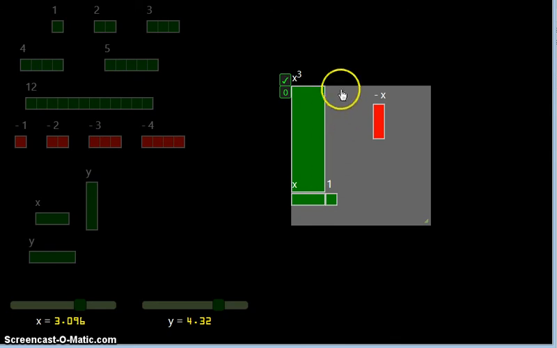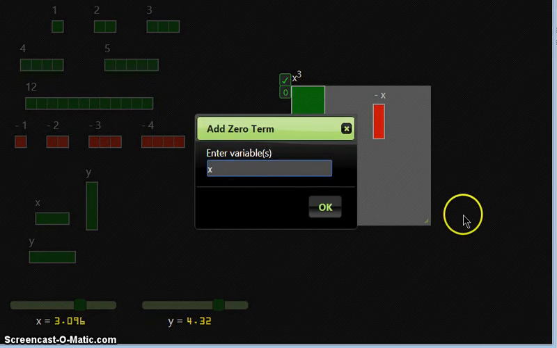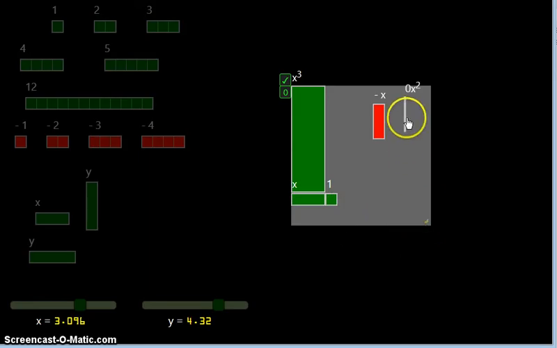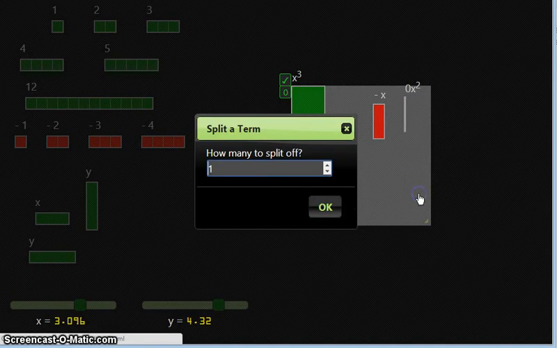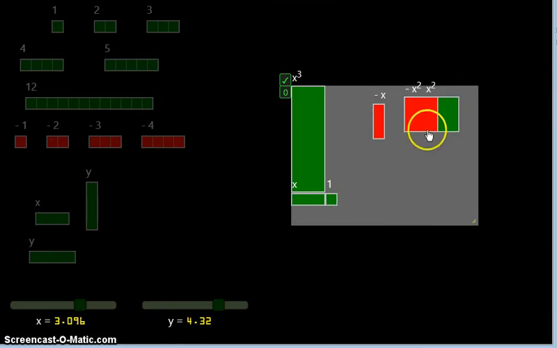Well, this space is x squared units tall, so what I need is an x squared bar in there. So I'm going to create a 0x squared term, and to get x squared I have to type xx for x squared. There's my 0x squared, and I will split that up into a 1x squared and a negative 1x squared, so that's what we've got.